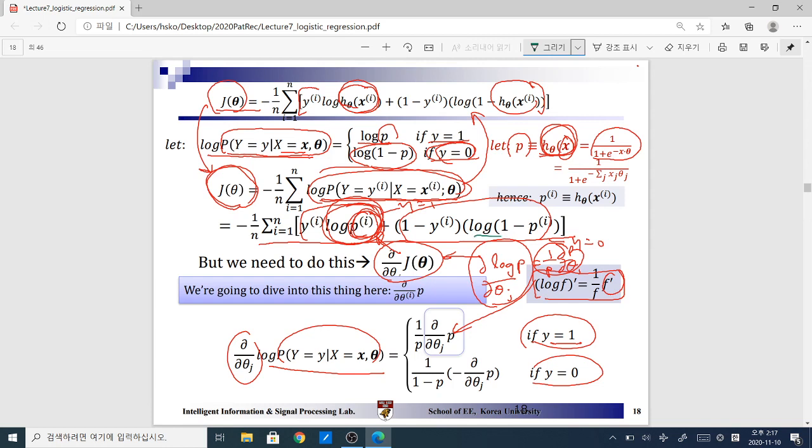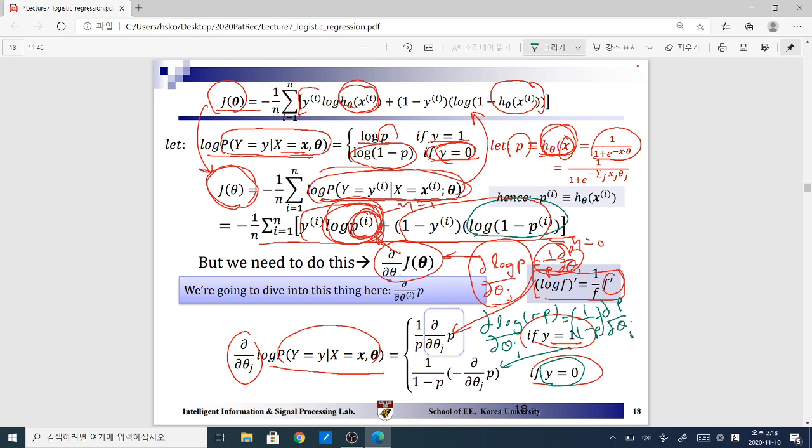That is, we take the partial derivative of the log of 1 minus p with respect to theta sub j, and it's going to be 1 over 1 minus p, then take the negative of dp d theta sub j. So this is what we have for the case of y equal to 0.